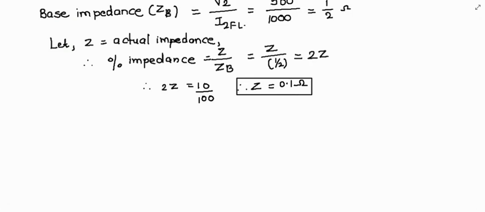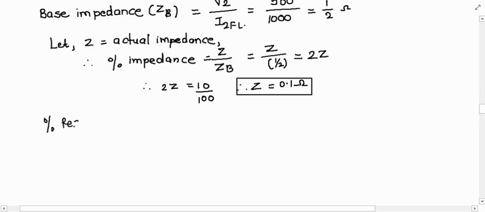Similarly, I can find out the percent resistance. How to find out the percent resistance? Percent resistance is equal to R divided by the base impedance.